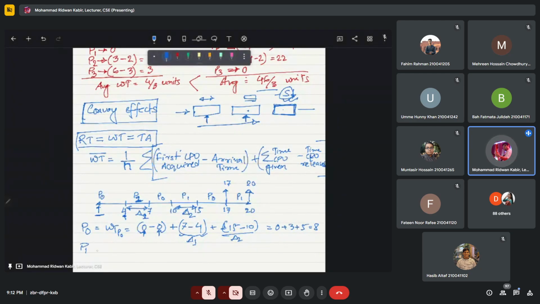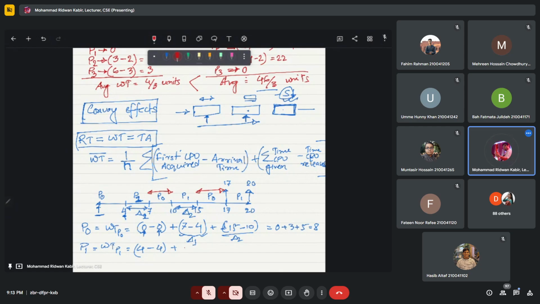And for P1, what we have is the waiting time for P1. Let's say process P1 arrived at time 4. So the initial response time for P1 would also be 0, 4 minus 4. Then P1 was inactive in this time frame and in this time frame, right? So what is the value of delta 1 for P1?